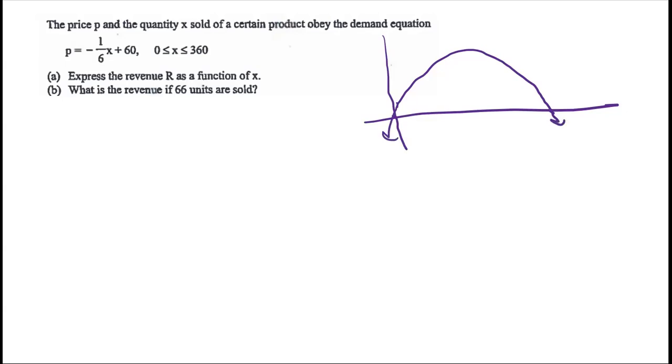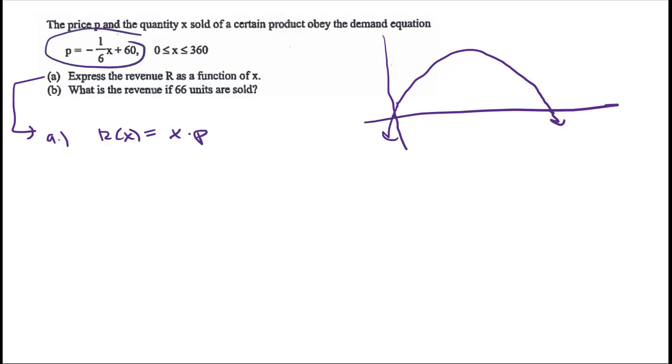All right, so we're going to get some quadratic, and you notice this is a sad parabola, so it's going to be negative. So for part A, we're just going to use the formula R of x is equal to x times P. So we need that x times P. We know P already.